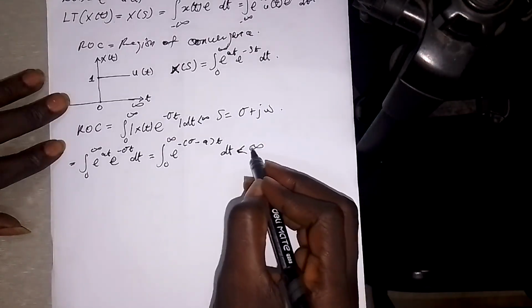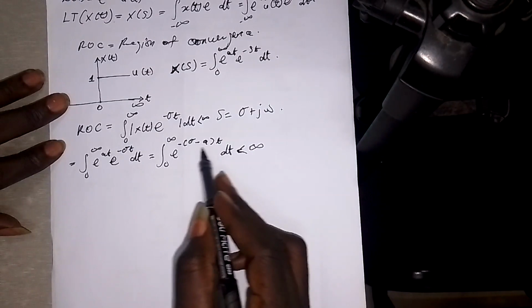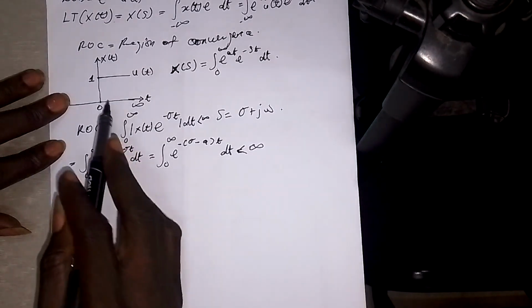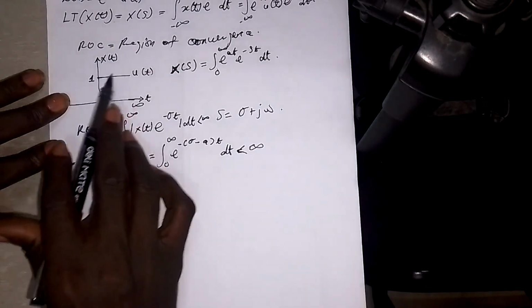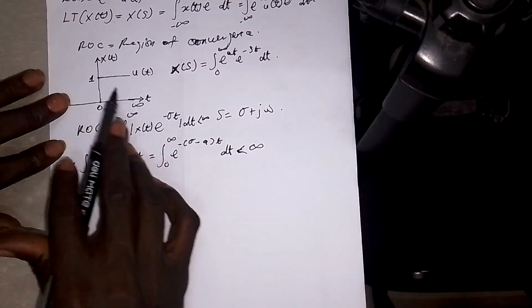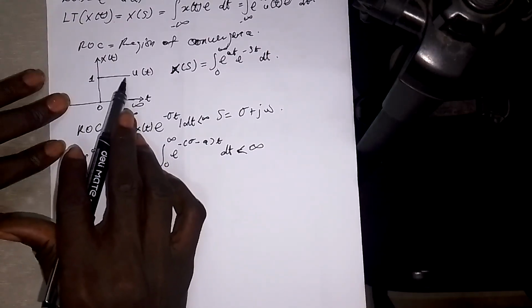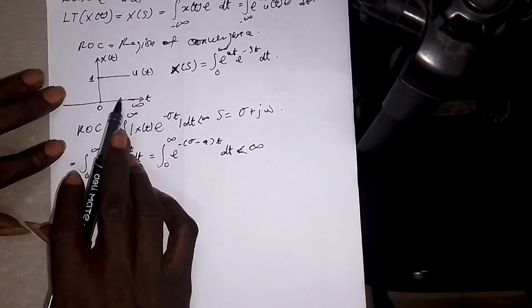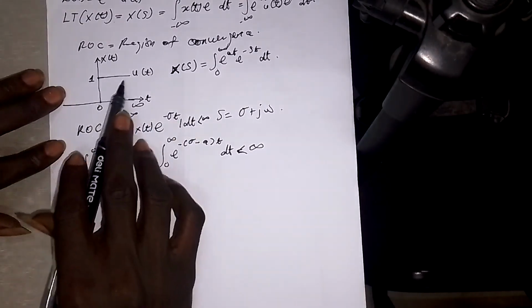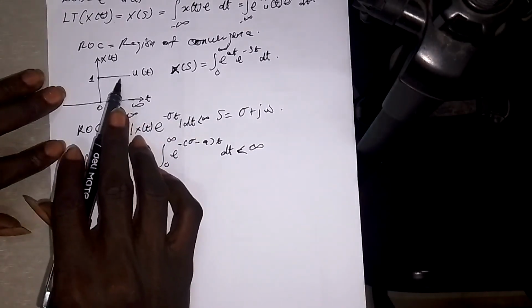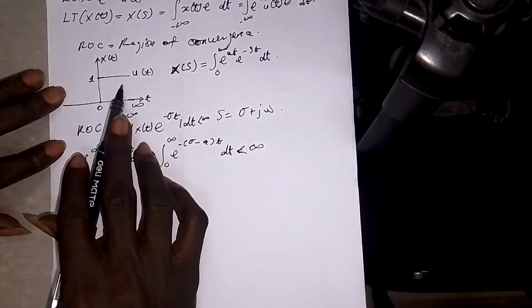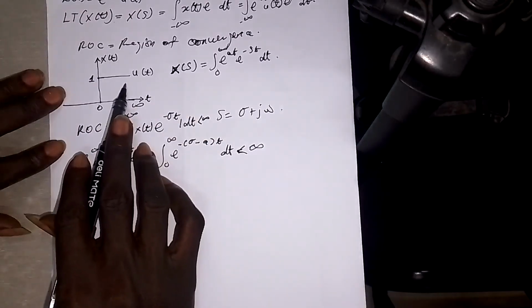It's supposed to be less than infinity before this one can be infinity. Looking at the plane, the space where my u of t lies, it lies at the positive x-axis, meaning that it is positive.